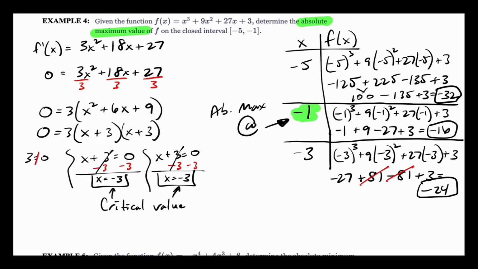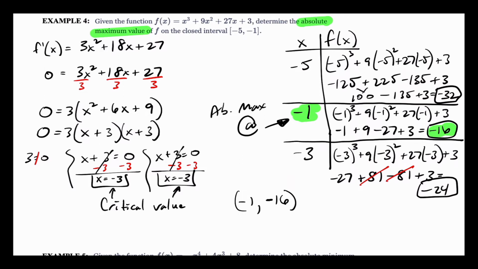So the absolute maximum for that interval, the maximum point, would be this right here. Well, when they say absolute maximum value, they're usually just talking about the y value. So the y value is negative 16.